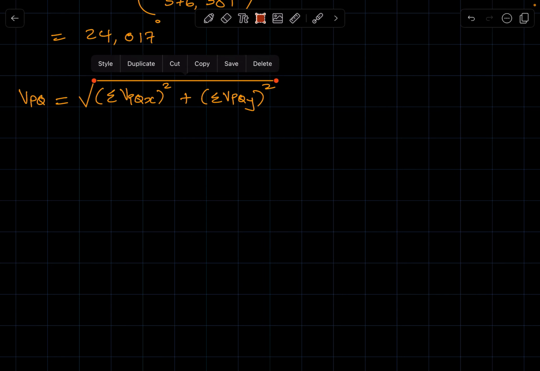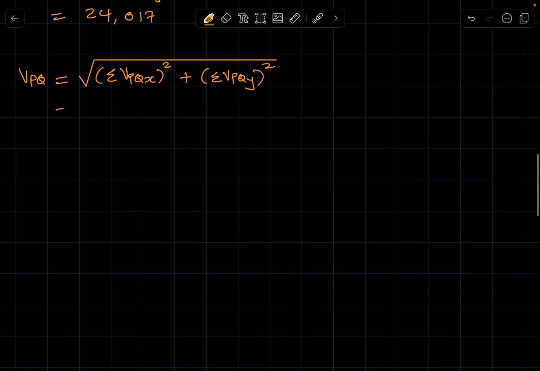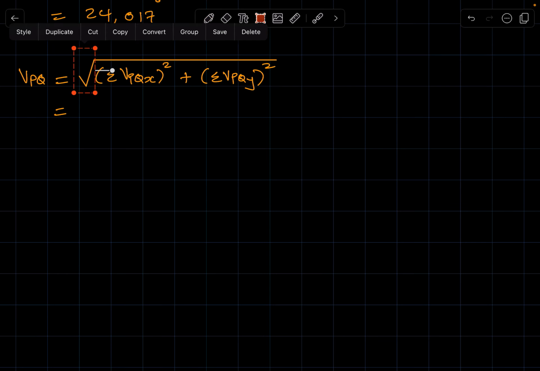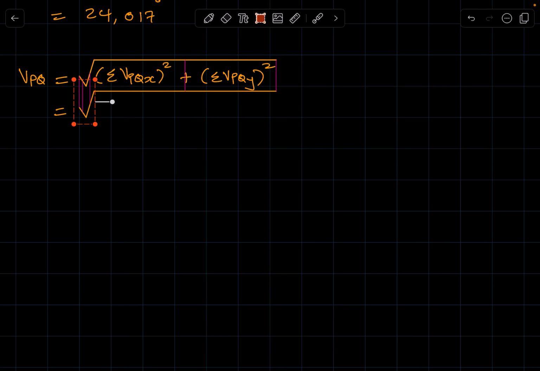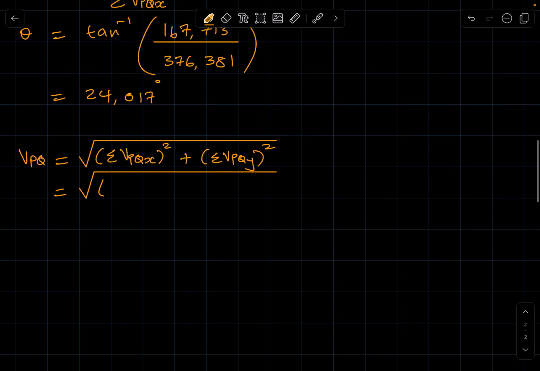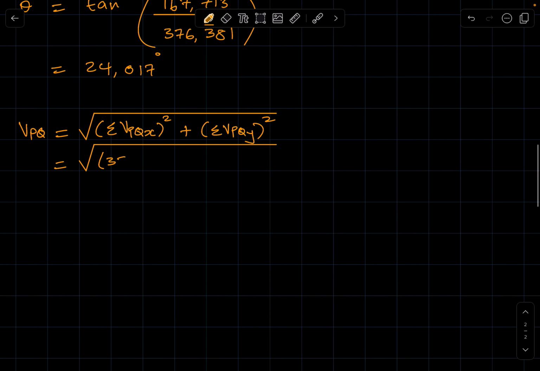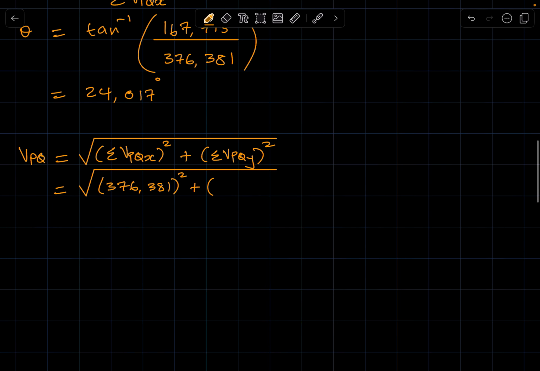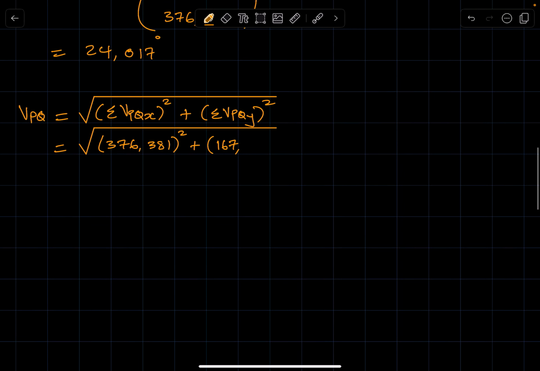Now all we need to do here is substitute. The sum of VPQ in the x direction is 376,381, all squared, plus the sum of VPQ in the y direction, which is 167,713, squared.